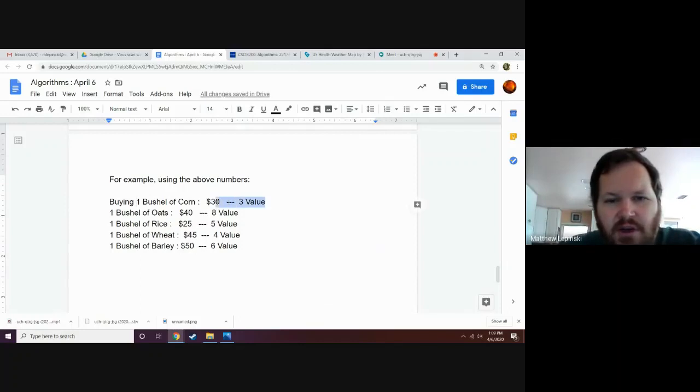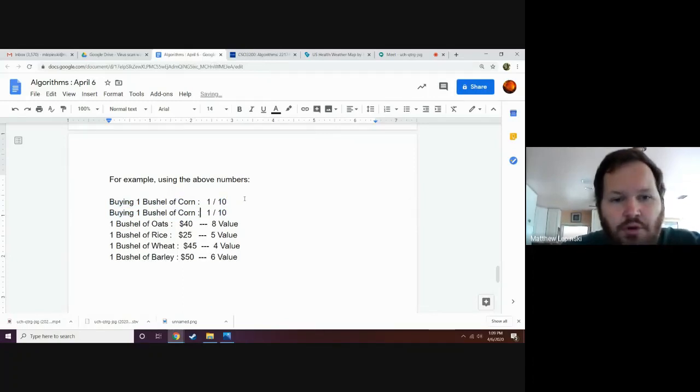So the value per cost is going to be 3 divided by 30, which is 1/10. Buying a bushel of oats is 8/40, which is 1/5, and I can write this as 2/10.